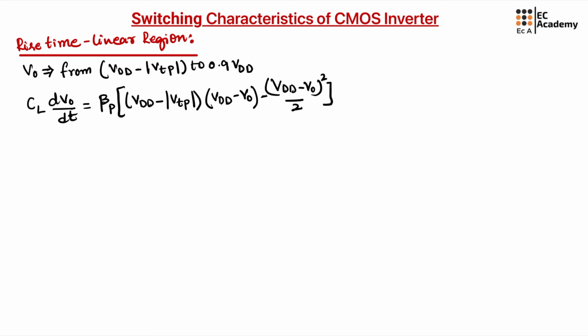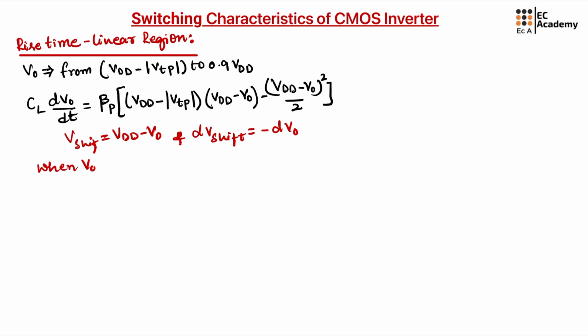For simplification, let us take V shift as VDD minus V0, and if we differentiate, we will get dV shift will be equal to minus dV0.